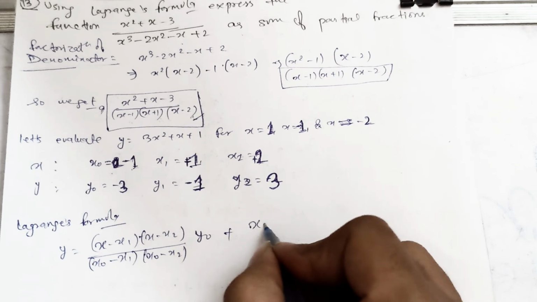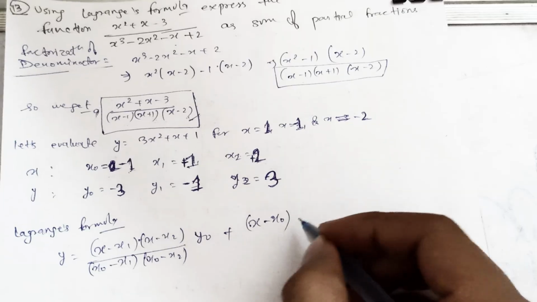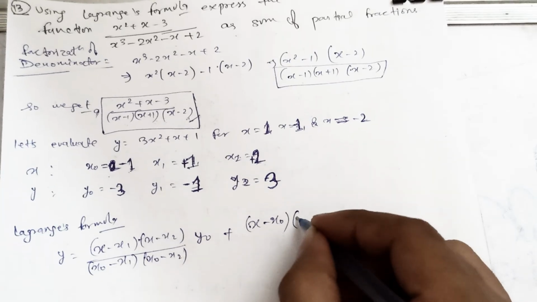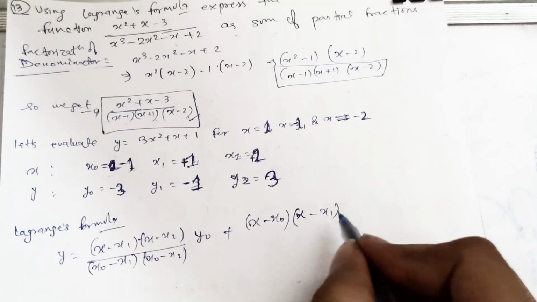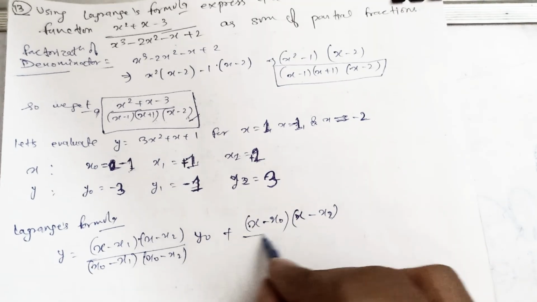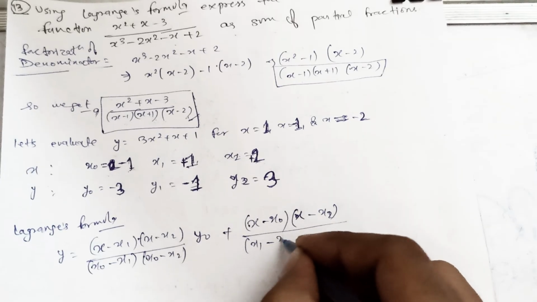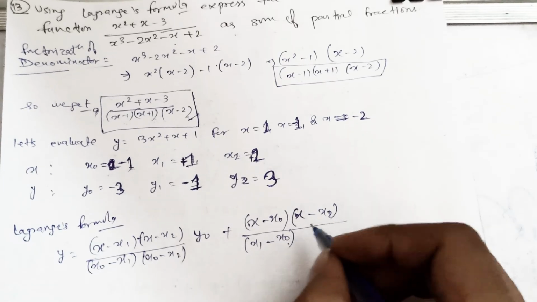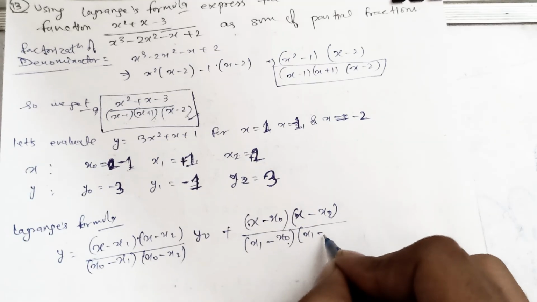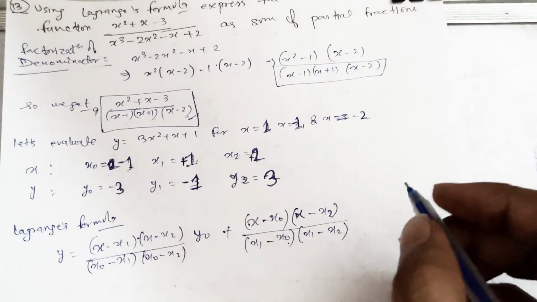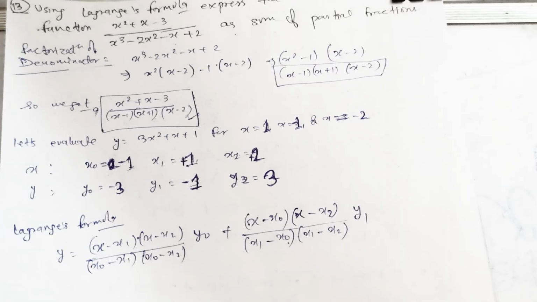The next term is (x − x naught), and in this term we neglect x1, so we use (x − x2). In the denominator, (x1 − x naught) and (x1 − x2), since x1 is neglected in the numerator here, and we multiply with y1.